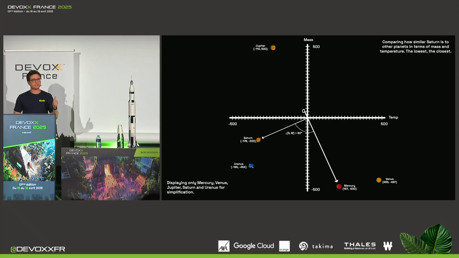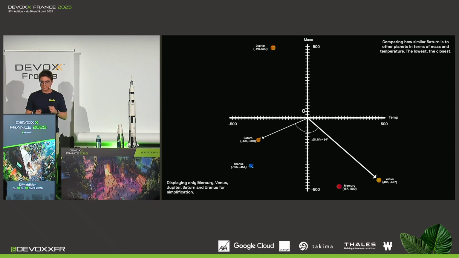All right? So far, so good? Okay, and if you keep going, you can even see that Venus is even more distant to Saturn than Mercury is, meaning that it's less similar to Saturn. All right?